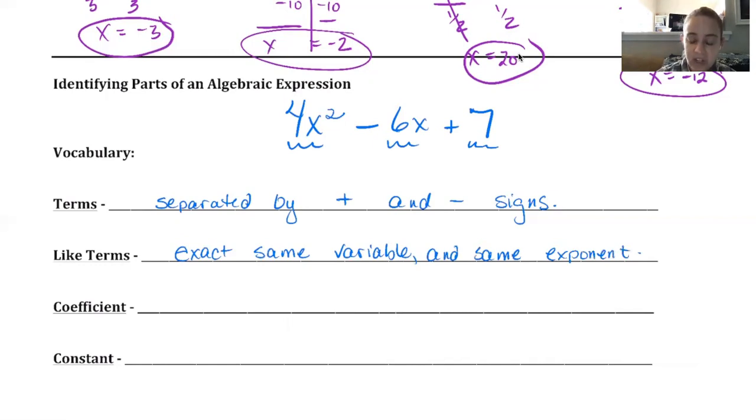A coefficient is the number in front of a variable. And a constant is a number that does not have a variable.